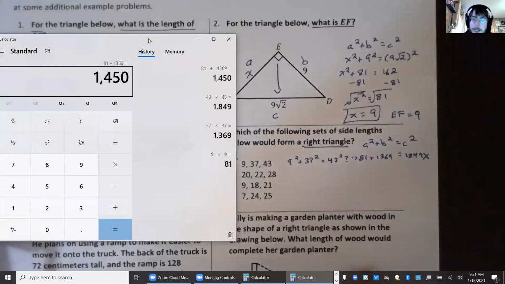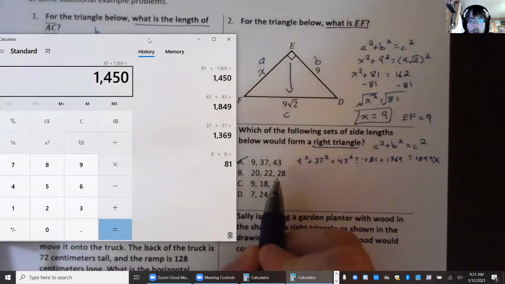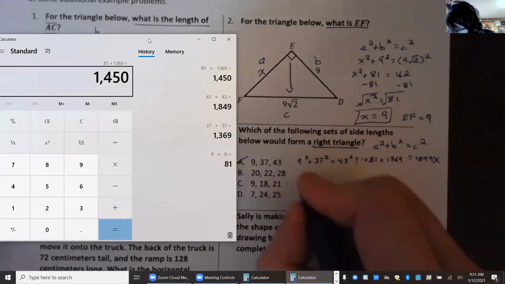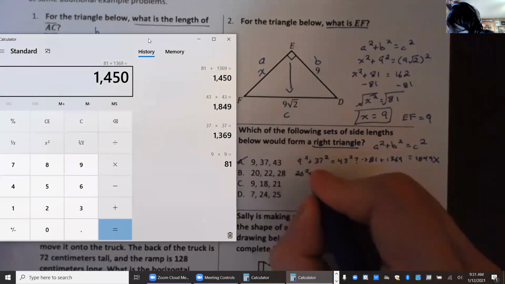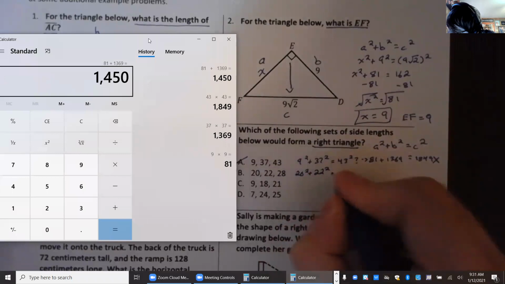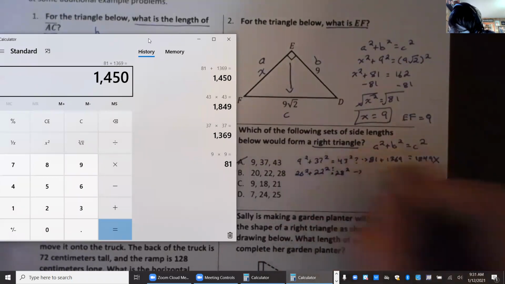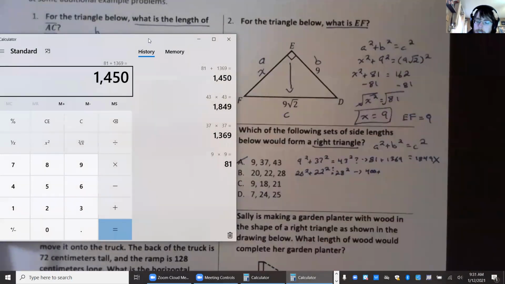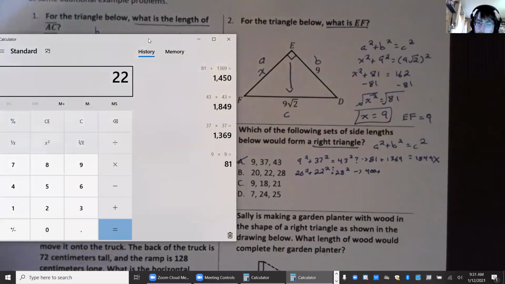So let's look at B. We've got 20, 22, and 28. 28 is our largest side, so it's going to be our c squared value. So we have 20 squared plus 22 squared. Is it equal to 28 squared? Well, let's find out. 20 squared is 400. 22 squared is 484.